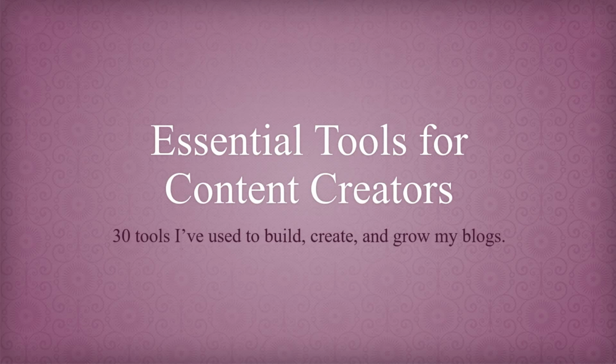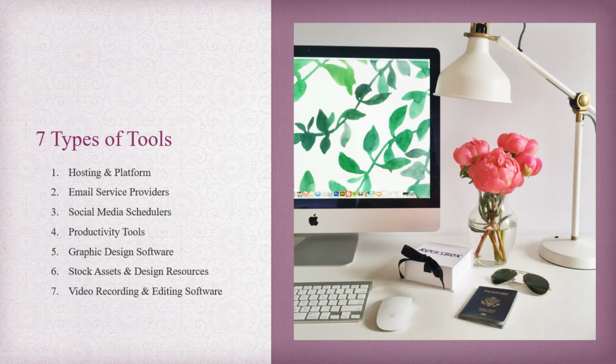Okay, so let's talk about what the categories for these tools are. If you're on one of my email lists, then you've probably already seen a little bit about what these are. The first thing you need is your hosting and some kind of platform, whether that's video or blogging or whatever.